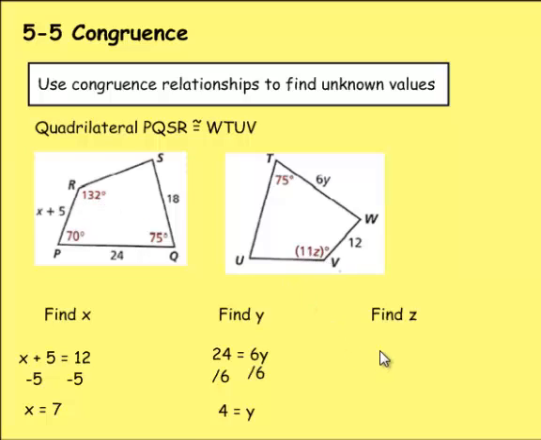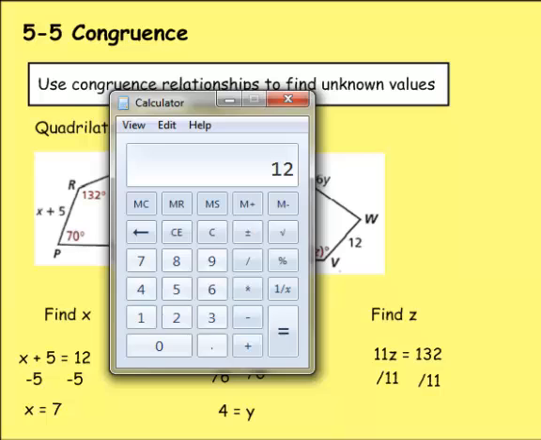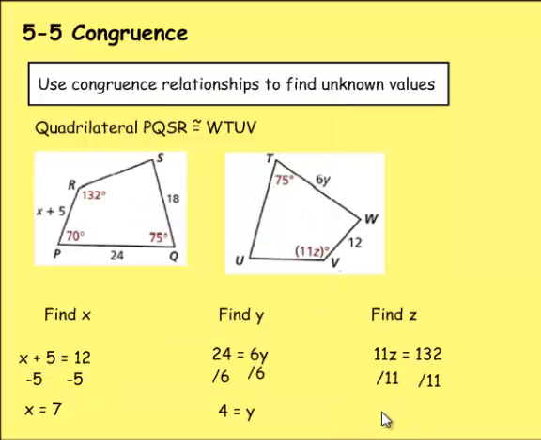So let's write that out. 11z equals 132. Divide both sides by 11. And then 132 divided by 11 would be 12. So z equals 12. And we found all these different variables based on the congruent shapes. Just remember that if you follow the order of the names, you'll be able to find the matching lengths or matching angles, and then you can solve for your variables.